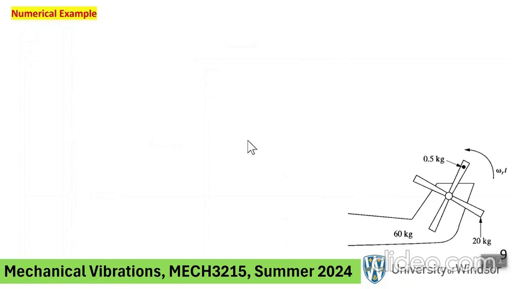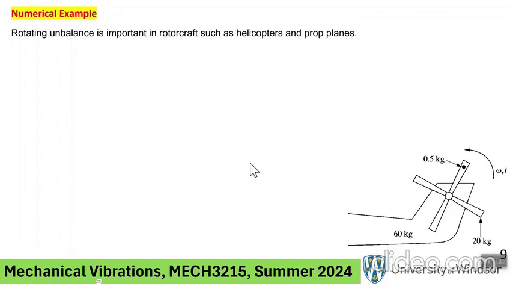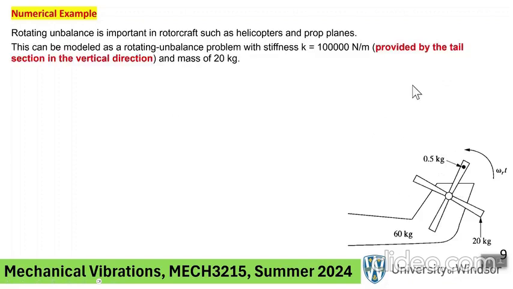Okay, this is going to be our second problem. So rotating unbalance is of utmost importance in rotorcrafts, such as helicopters and prop planes. So as long as you have a propeller, basically, you may have an issue with rotating unbalance. So here's what we know.